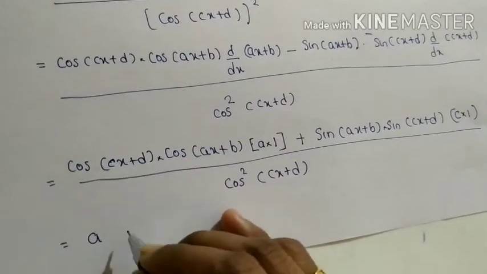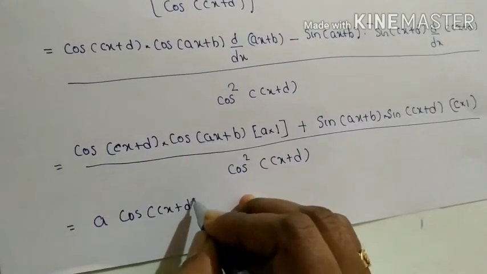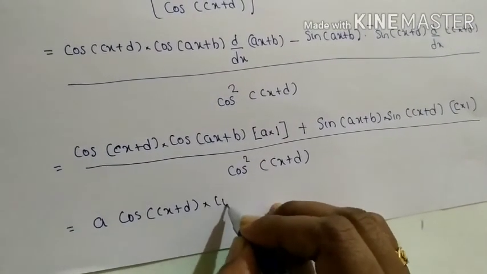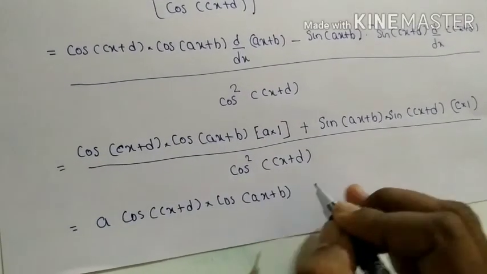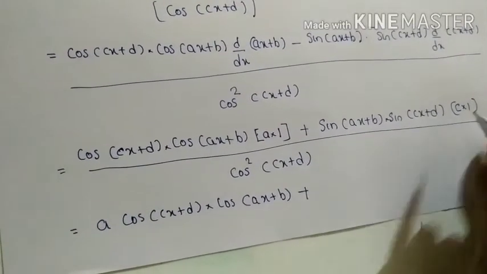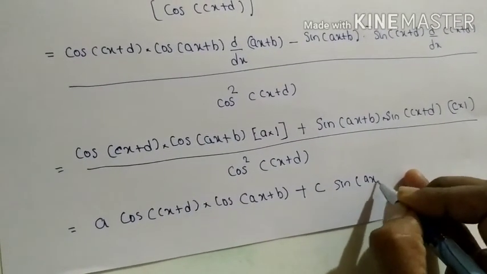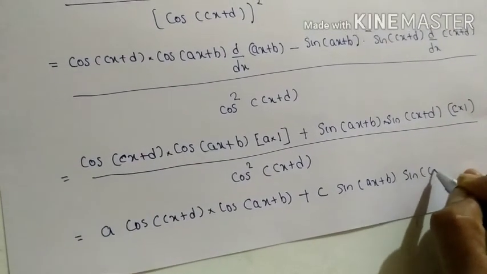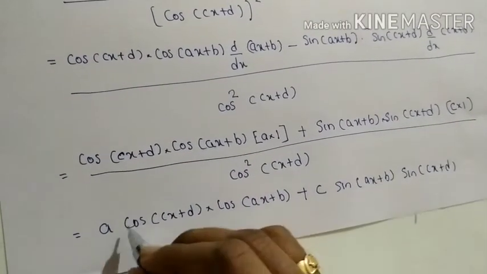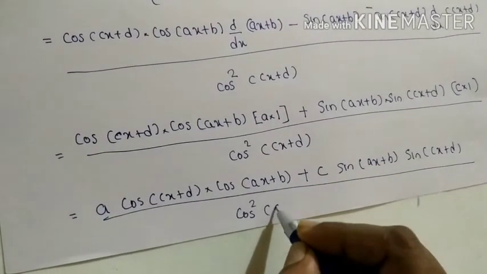just rearranging the terms, a into cos cx plus d into cos ax plus b, plus, write c first, and we get c into sin ax plus b into sin cx plus d, whole divided by cos square of cx plus d.